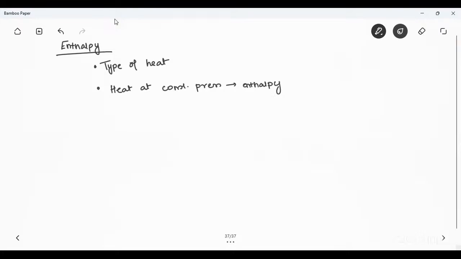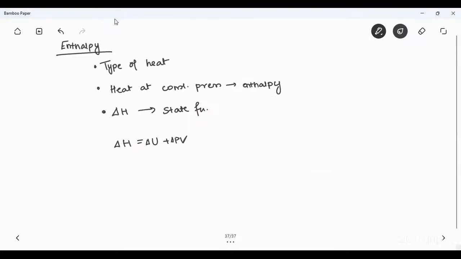Delta H is a state function. We have already learned this. H is equal to U plus PV. This is the general equation: delta H, delta U, and delta PV.